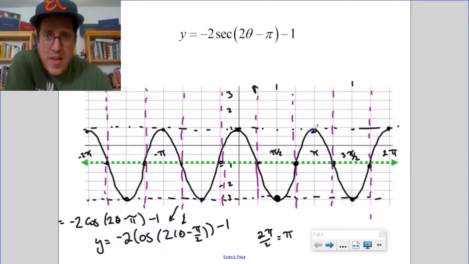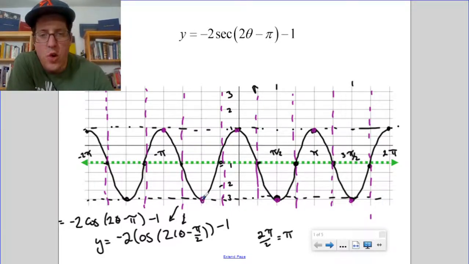Now, if you plug in any of these points, you're going to get the same value. So each of these points are going to have the same value. This is why I was referring to this as a ghost graph or a guide graph, because they end up having the same value.